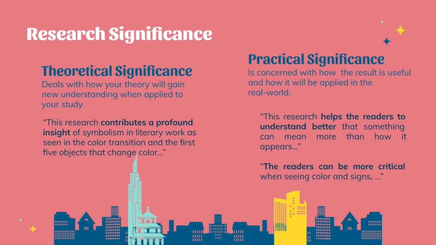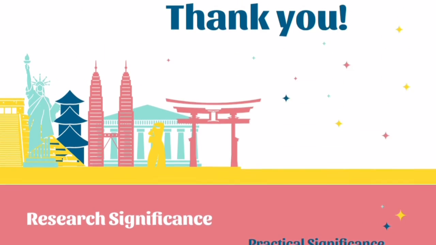And the second is practical significance, which is concerned with how the result is useful and how it will be applied in the real world. In Vivit's thesis, this research helps the readers to understand better that something can mean more than how it appears, and the readers can be more critical when seeing color and sign.